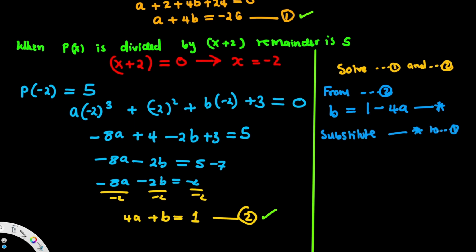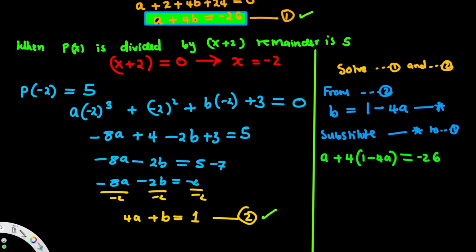So substituting into that, we are going to have a plus 4 into bracket 1 minus 4a equals negative 26.